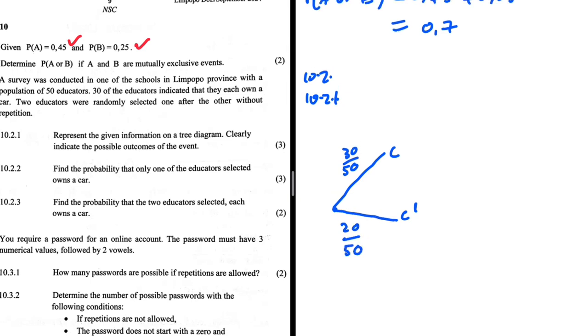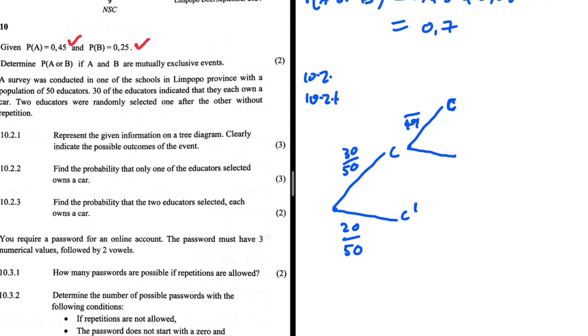So let's say that the first teacher to be selected randomly has a car. So what is the probability that on the second selection, the teacher selected would also have a car? There is no replacement here of any sort, right? So now we are left with 49 teachers because the first teacher with a car has been selected.